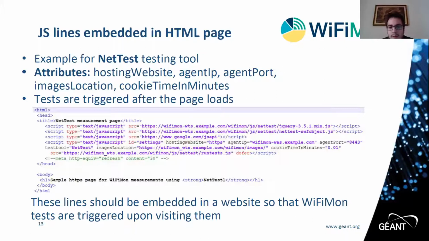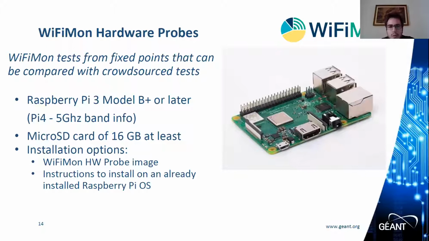For example, the IP of the WiFiMon analysis server, the location of the images, and the cookie that I will explain later. What is very important here is that there is an attribute that specifies that the measurements will be triggered after the page has loaded in the device of the end user, and thus the experience of the end user is not impacted.